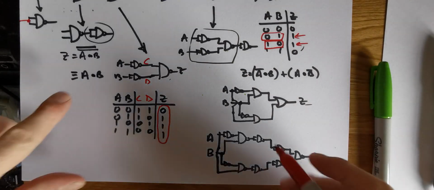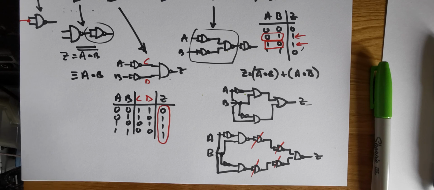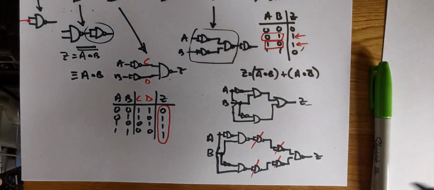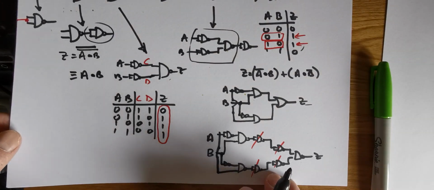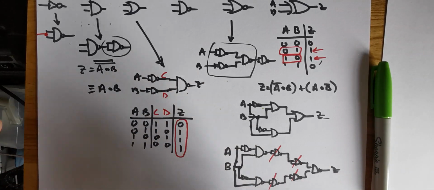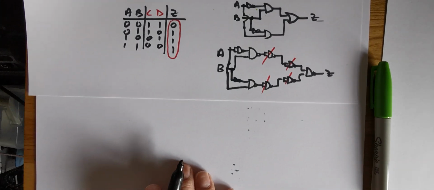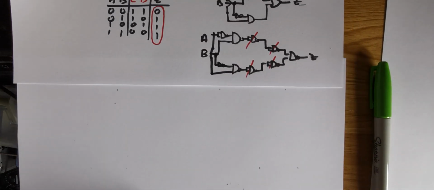There's a double inversion there, so the two can go, and the two can go. So that leaves us with this, a very messy proof of what we've been working through here.